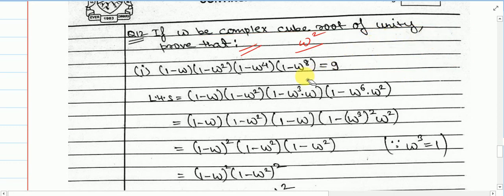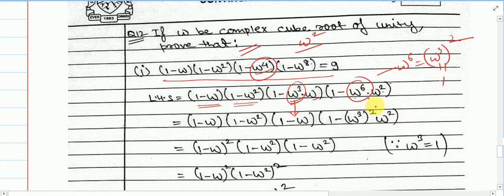So we will take the left hand side. Now 1 minus omega square, and this omega to the power 4 can be written as omega cube into omega, and this will be 1 in the next step. Here omega to the power 8 can be written as omega to the power 6 into omega square, and omega to the power 6 can be further written as omega cube whole square, but this will be 1.